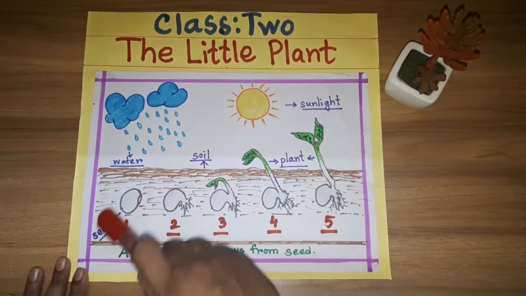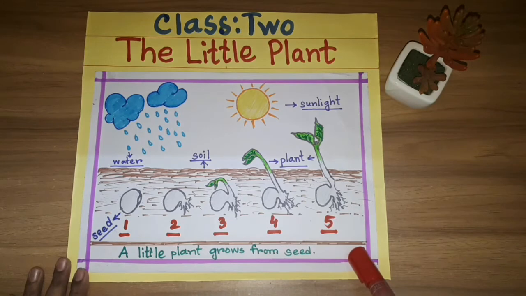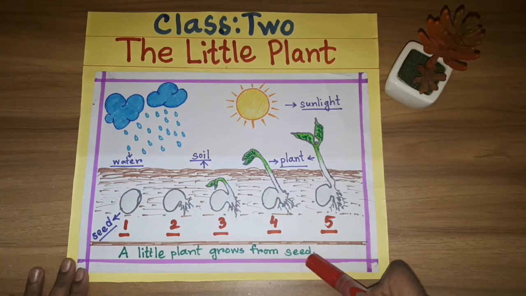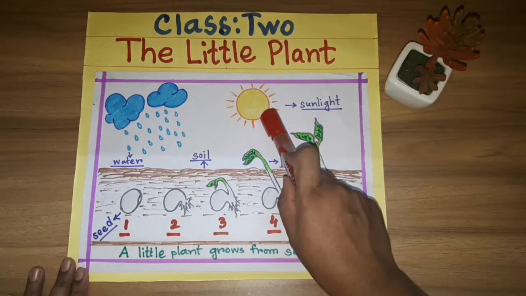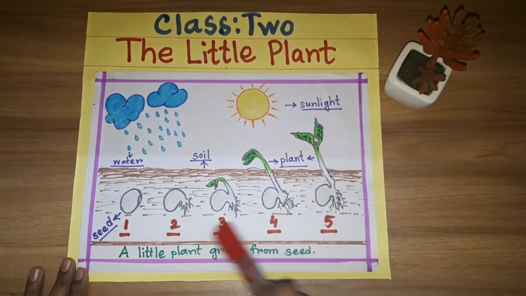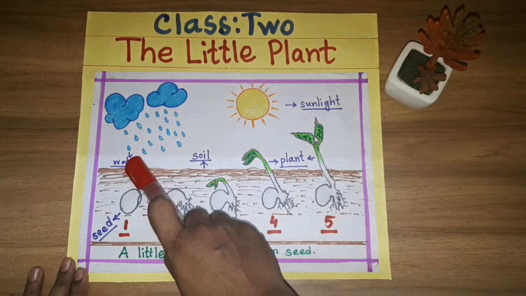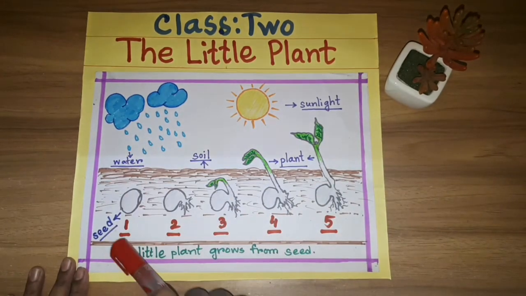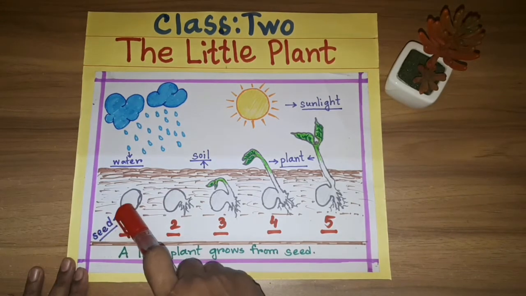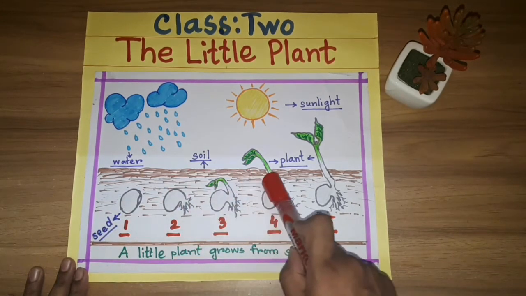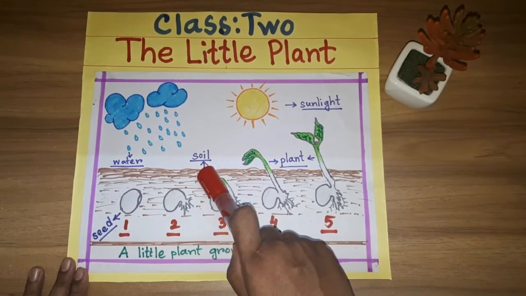Did you see? In this picture, I tried to show how a little plant grows from a seed. You know what a seed is, right? So I wrote the names here. Can you please read these names? Sunlight. These are raindrops or water. Here we have the seed. This brown portion is soil or ground.